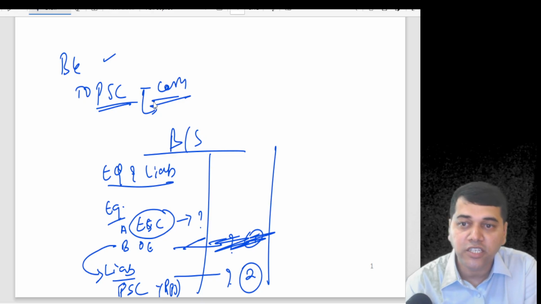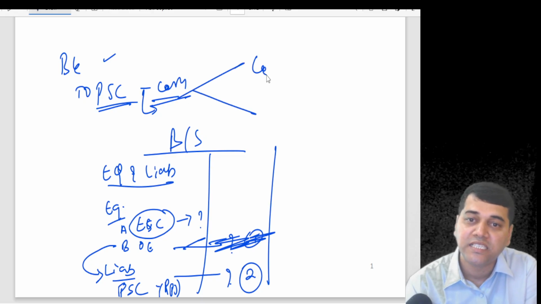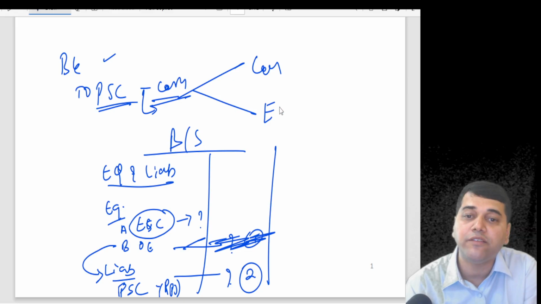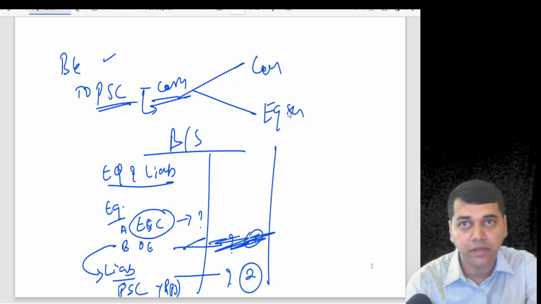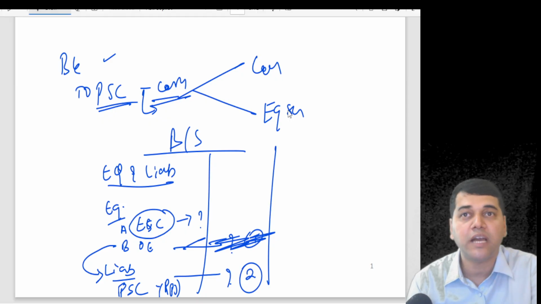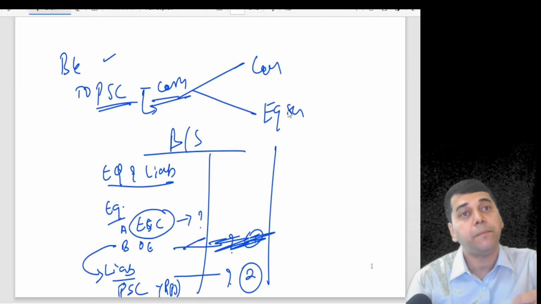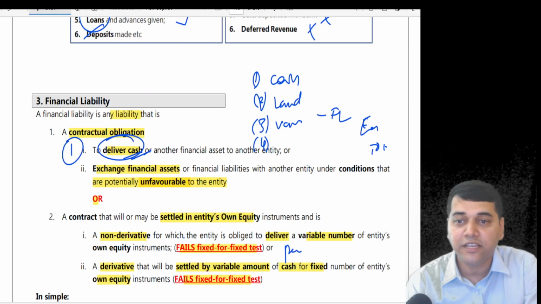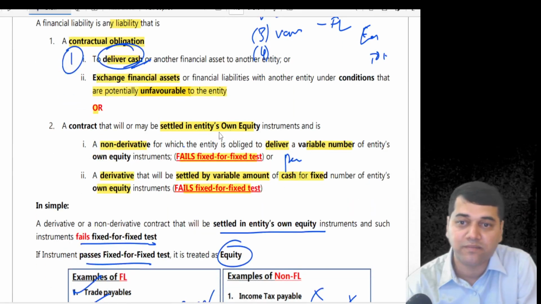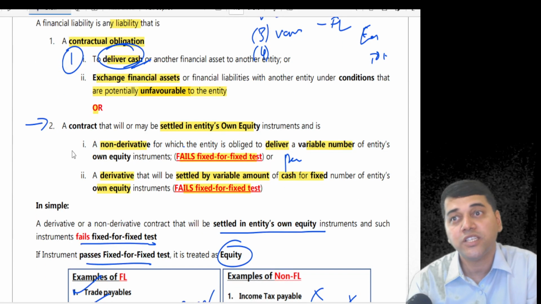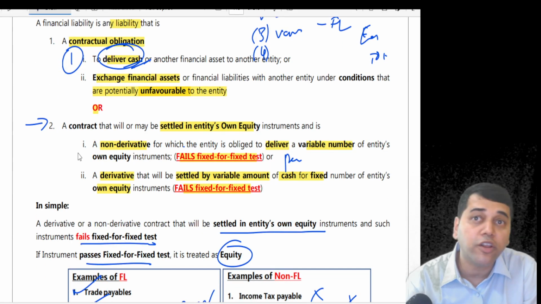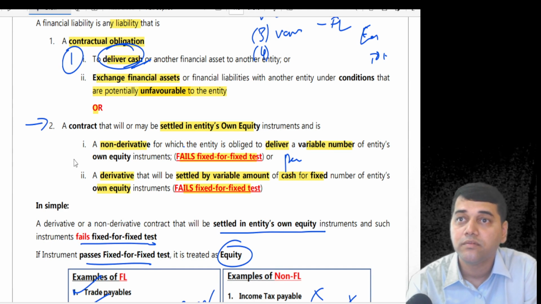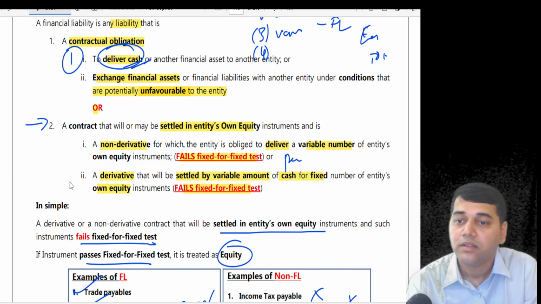But your obligation may not be to pay cash, but to deliver equity shares. It is redeemable. But how is the redemption going to happen? Redemption is going to happen by issue of my own equity shares. Then it will fall under this definition. Now the question comes, is it a derivative or a non-derivative? It is a non-derivative.